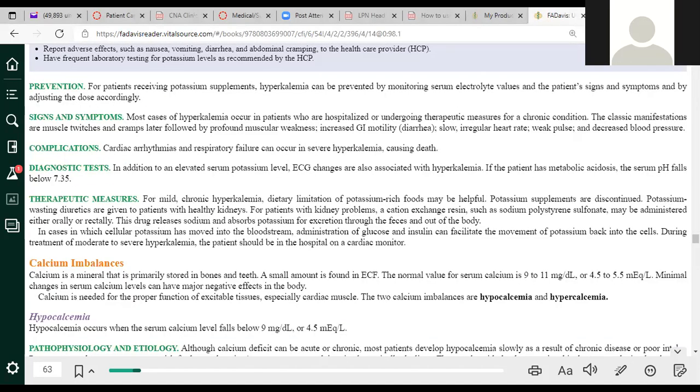So with any electrolyte, if we are viewing lab results and we see that this electrolyte is elevated, our patients don't need to consume anything that has that electrolyte in excess. You don't need a lot of that.